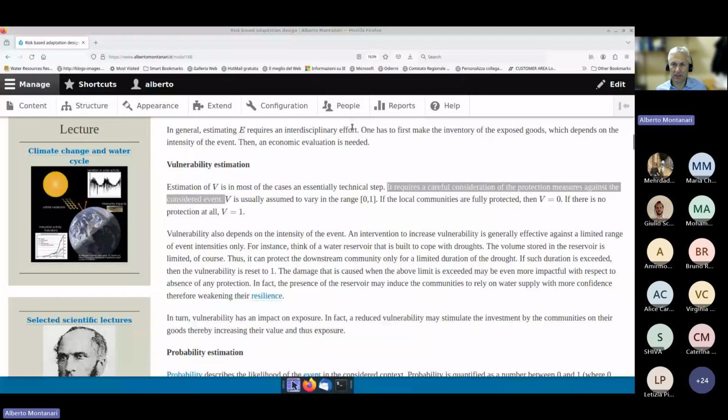So you understand that estimating vulnerability by taking into account also these factors is a task of the engineer, but not only the engineer. In this case, it's also a task for ecologists that have to study the spreading of these animals.